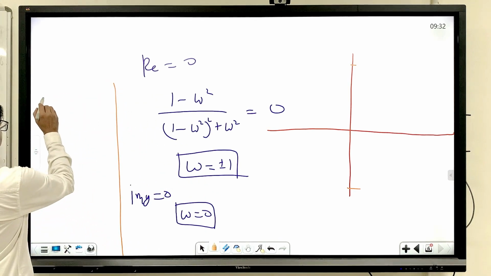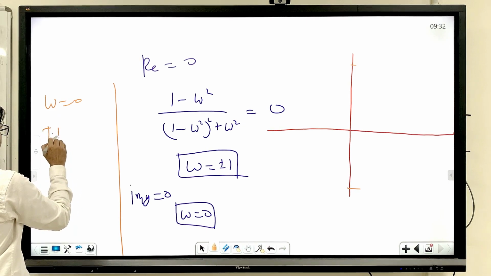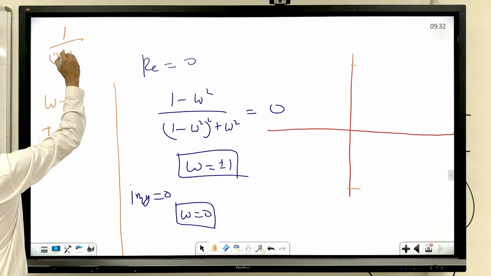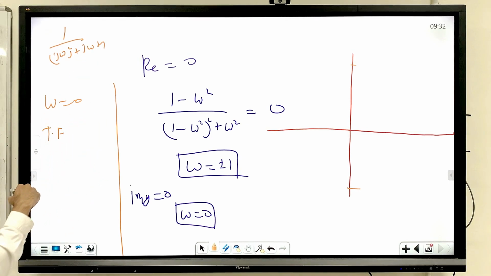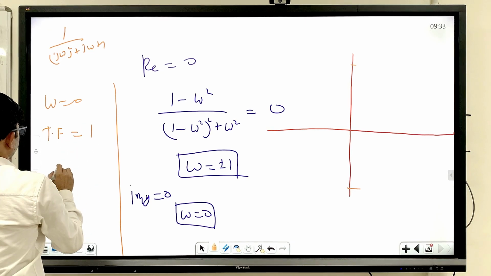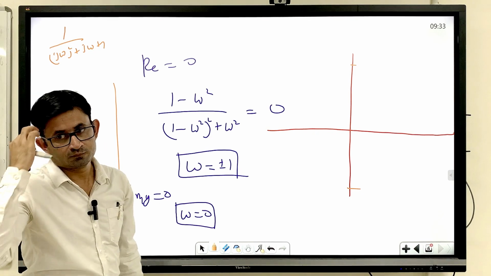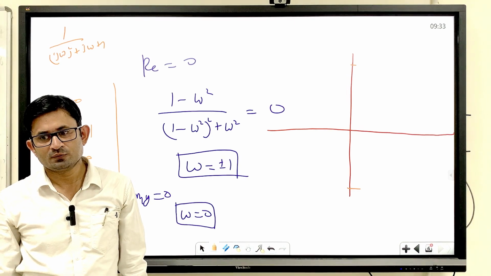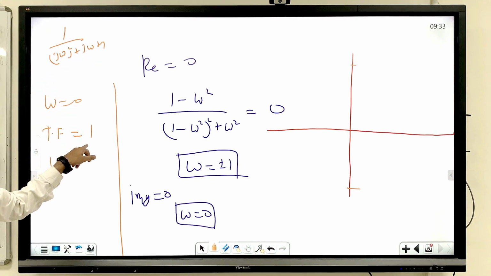So when I put omega equal to 0, what is the transfer function value? Tell me. The transfer function is this, right? 1 upon (j omega) square plus j omega plus 1, right? When omega equal to infinity, what is the value? See, when you put omega equal to 0, it is 1 by 1, simply 1.